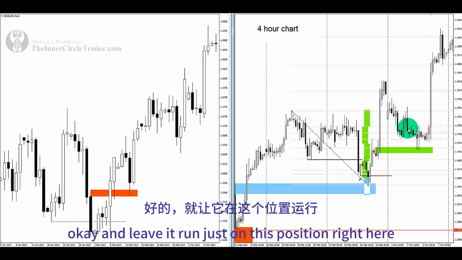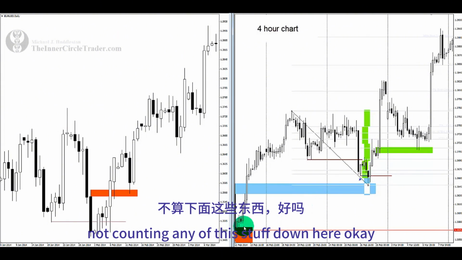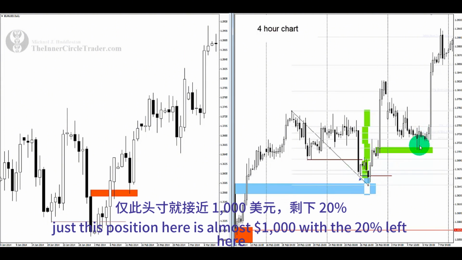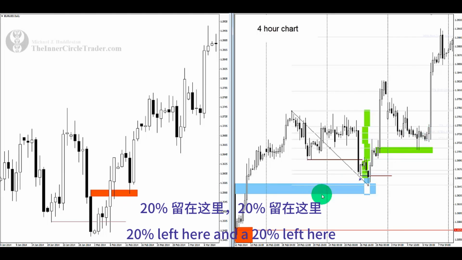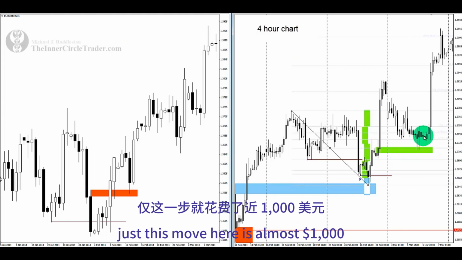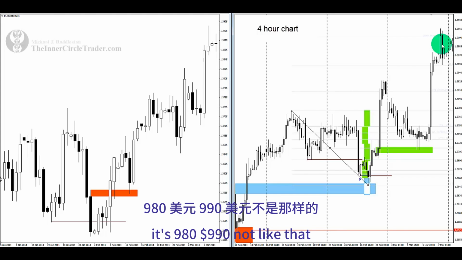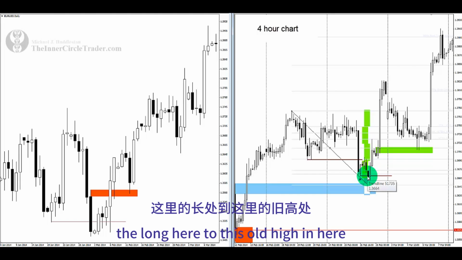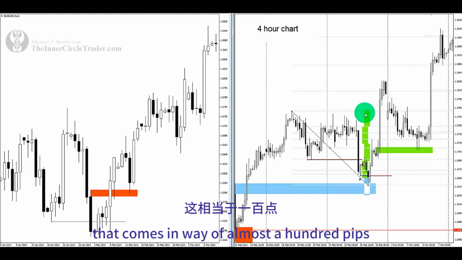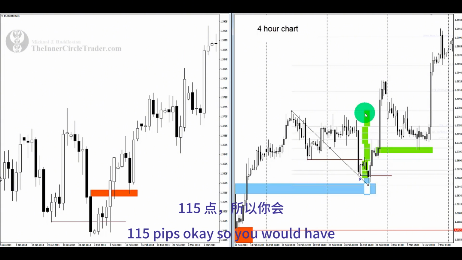Just on this position right here, not counting any of this stuff down here, with the 20% left here, 20% left here, and 20% left here, just this move here is almost $1,000. It's $980, $990, something like that. The long here to this old high comes in at almost 100 pips, well, 115 pips.